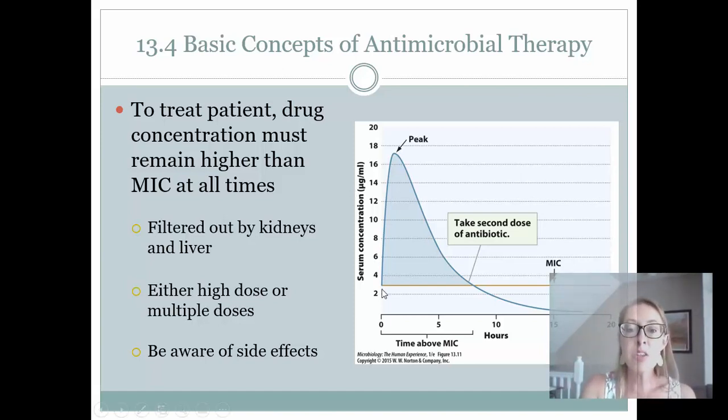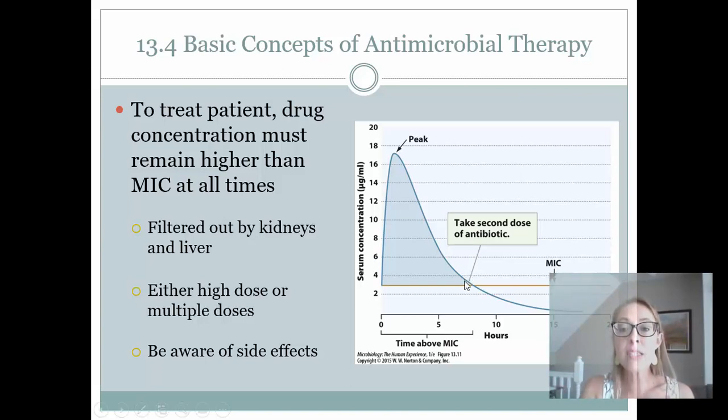When you take that drug and begin to absorb it, we see a nice high peak in that concentration, but then your kidneys and your liver go to work filtering out and we lower that concentration.